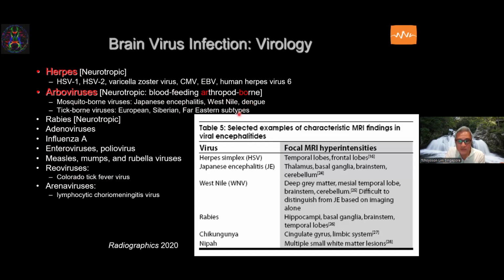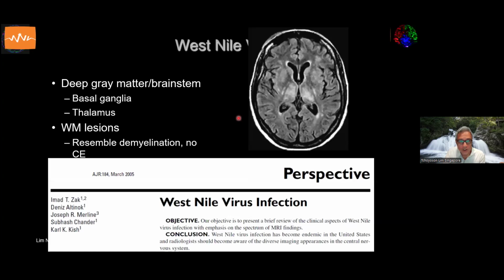These sometimes, but not always, show a pattern of thalamus involvement and sometimes of the basal ganglia. They may also show white matter lesions, but without contrast enhancement.